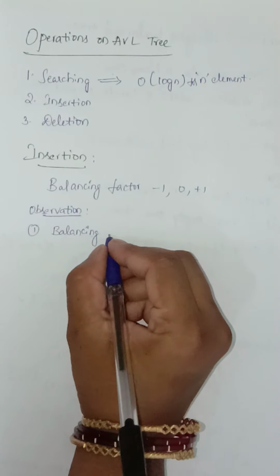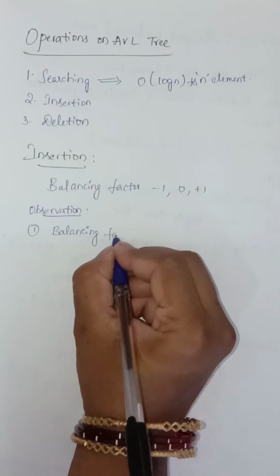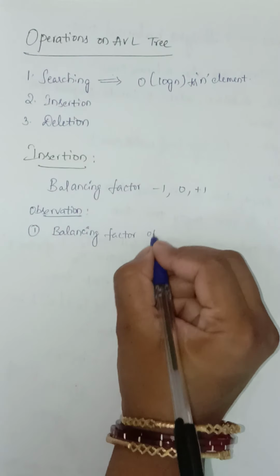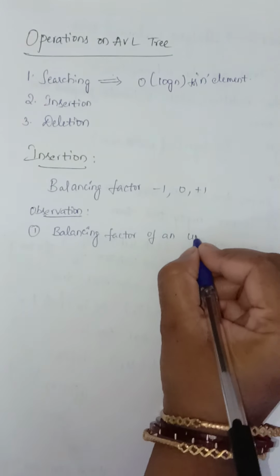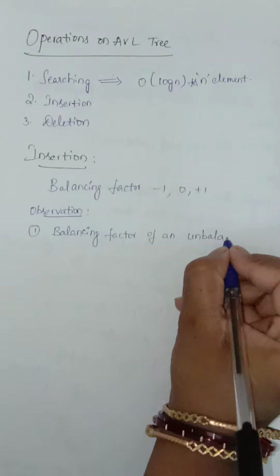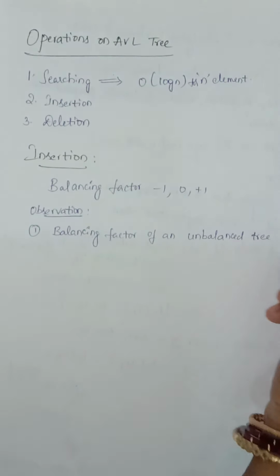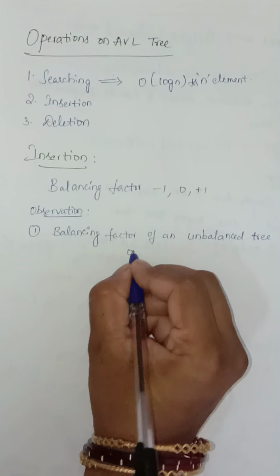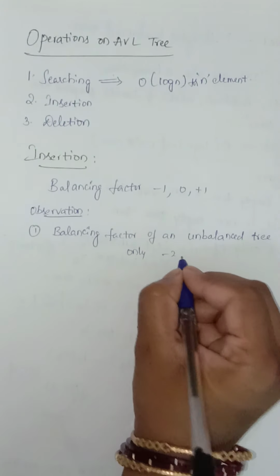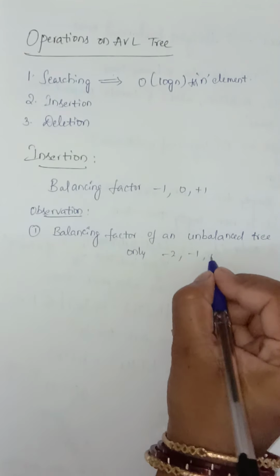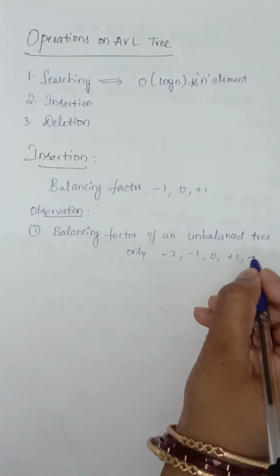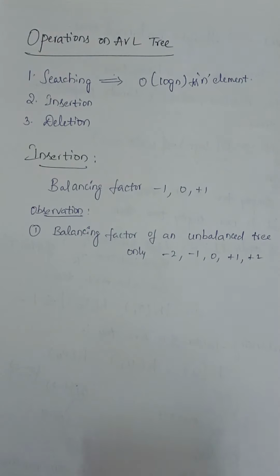It should be only among -2, -1, 0, +1, +2, like this.